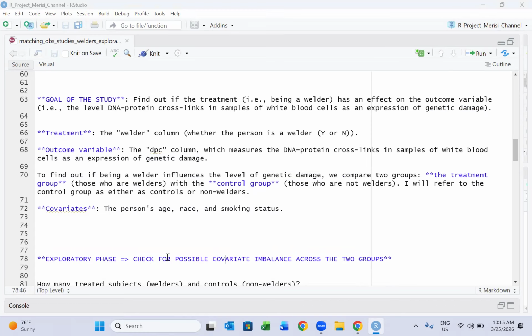Now, to check for possible covariate imbalance across the two groups, we need to do the following for each observed covariate. We need to do two things.